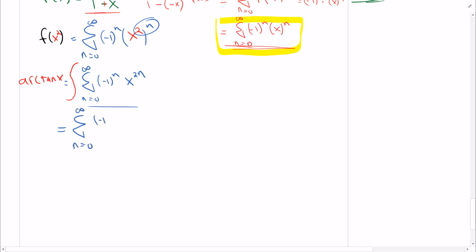This guy stays the same because it's a constant. We add 1 and divide by whatever we get, like such. And then don't forget you have a plus c. So we're saying arctan, let's just write tan inverse, it's easier to write, is that.